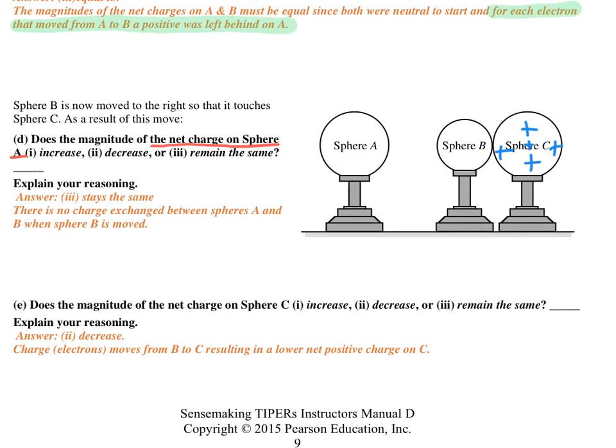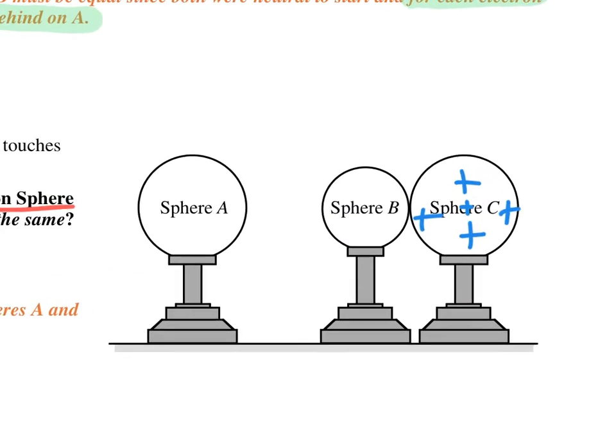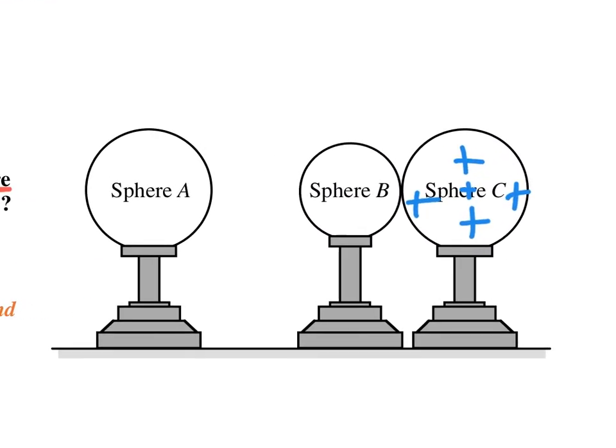Yes? So would the lower net positive charge on C be by means of conduction? Yes. Electrons are going to, let me draw this since I can. So in this case, electrons are going, so what'll happen is some number of electrons will come over here.